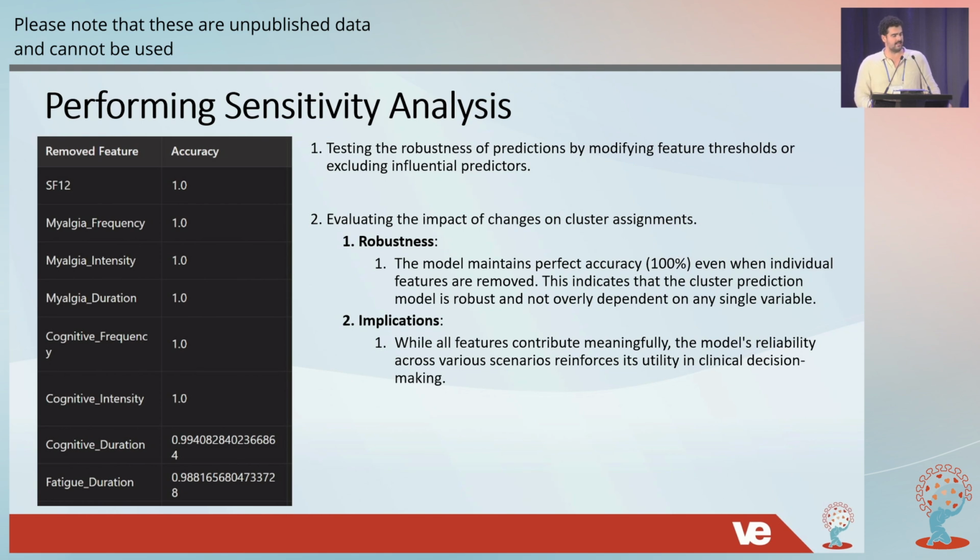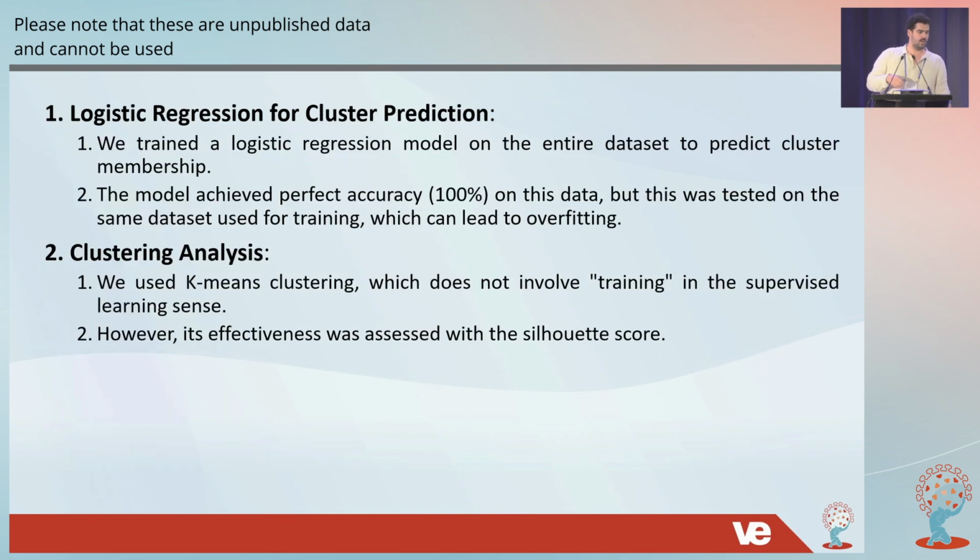The sensitivity analysis performed on this cluster to test robustness showed that myalgia and cognitive functions show a very high robustness when dividing the patients into worse or better quality of life.